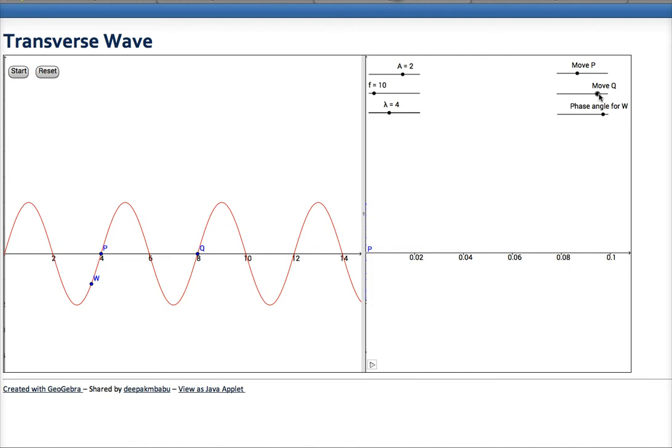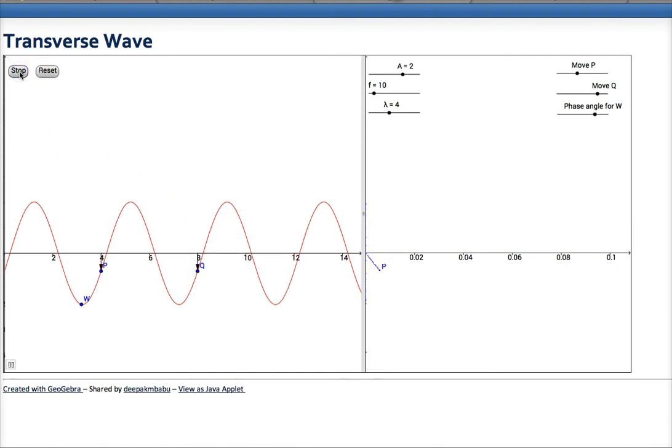Now I'm going to start the experiment one more time, and I want you to look at the motion of P and Q and tell me whether they are in phase or not. Let me also move W so that it coincides with the trough as before. I'm going to start the motion, and now please tell me whether you think they're in phase or not.